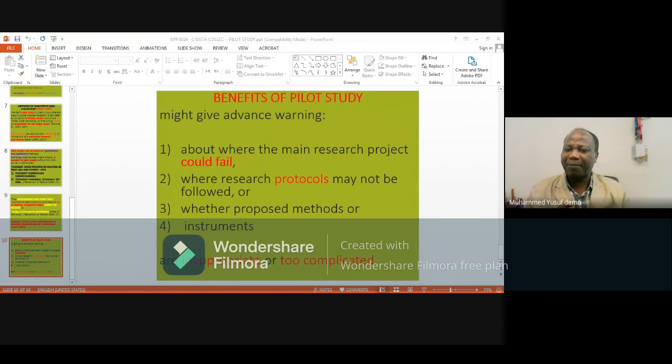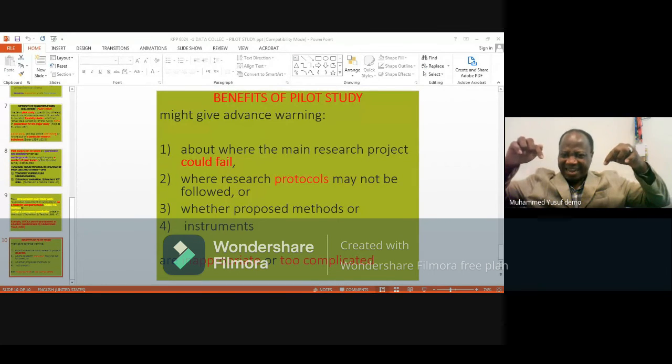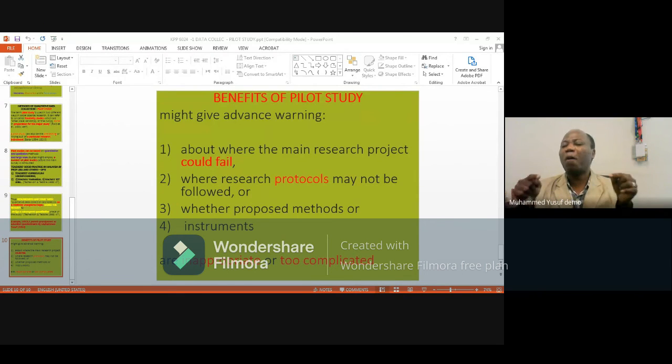You get the point? So my point here is that you have to make sure that everybody in the research location, your participants, do understand all the terminology you use in your research. You have to be careful.